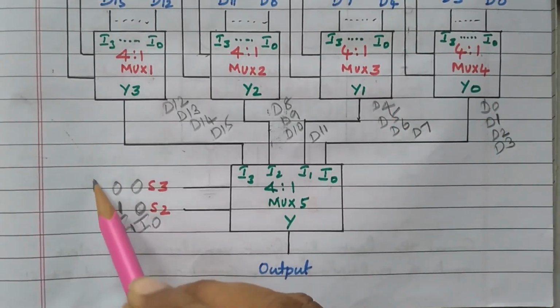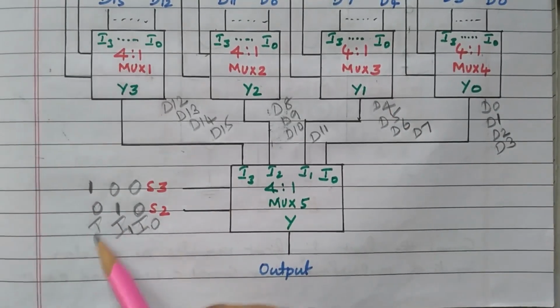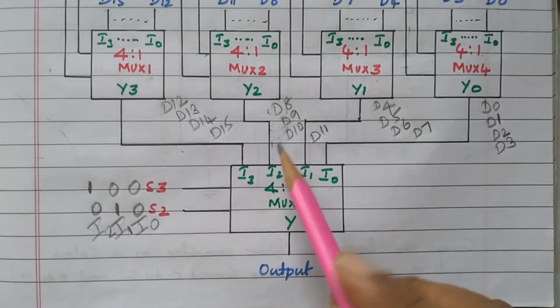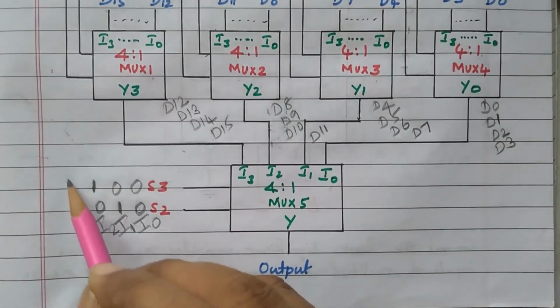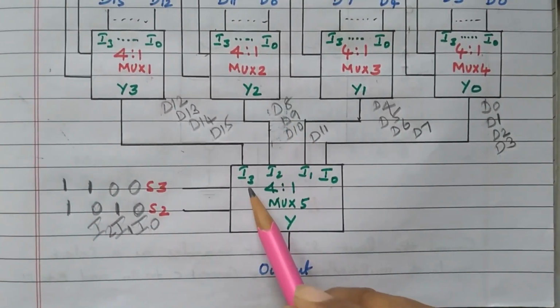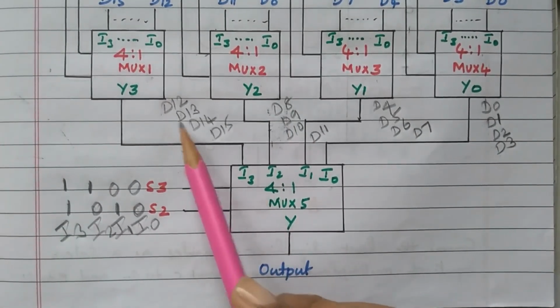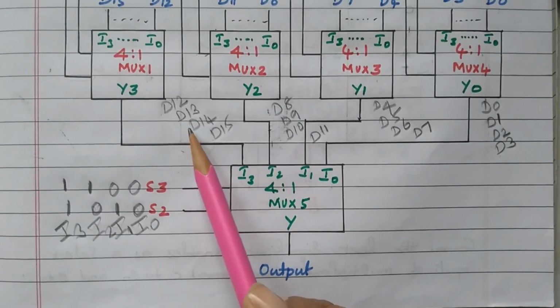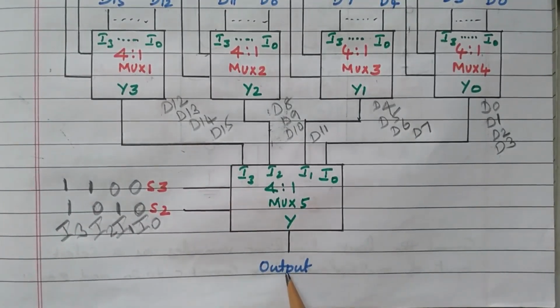The third combination 1, 0. 1, 0 means I2 will be available at the output. I2 is nothing but either D8, D9, D10 or D11. The last combination 1, 1. 1, 1 means I3 will be available at the output. I3 is nothing but either D12, D13, D14 or D15. So finally we got only one output.